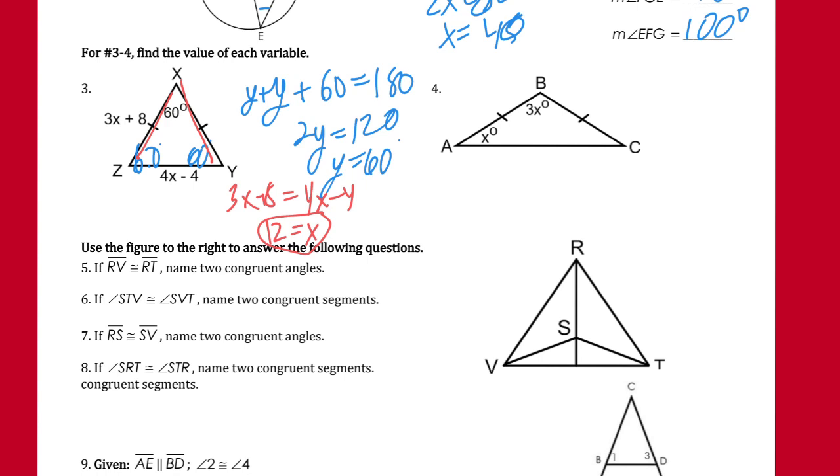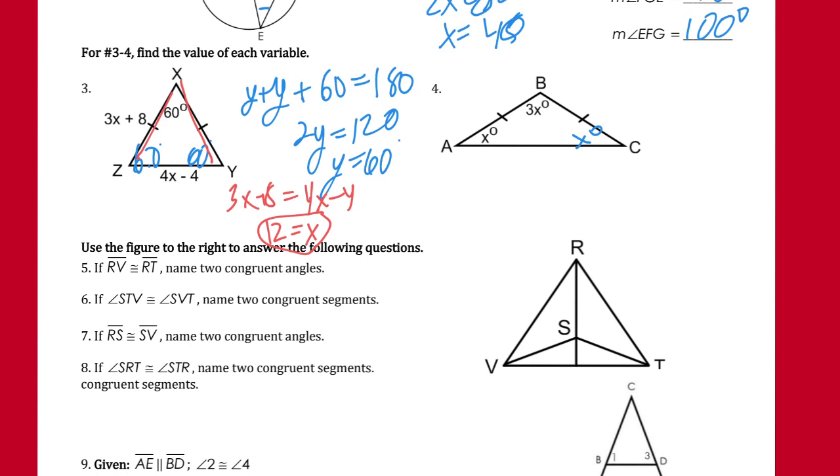Okay, the next one says, hey, I have an isosceles triangle. Well, isosceles triangle means that if two sides are congruent, then their opposite angles will also be congruent to each other. So this has to be x degrees as well. Those base angles are the angles opposite from the isosceles sides.